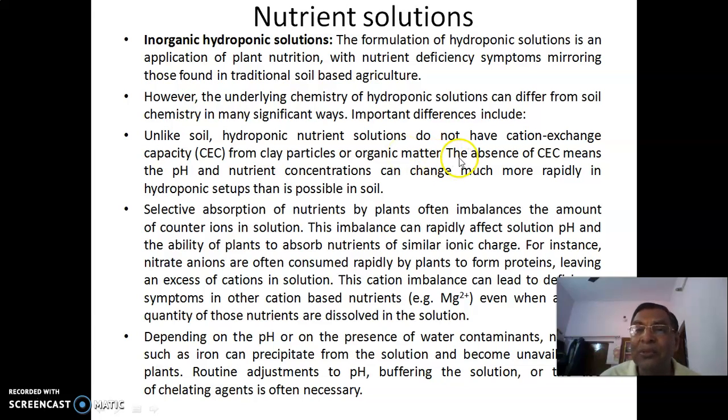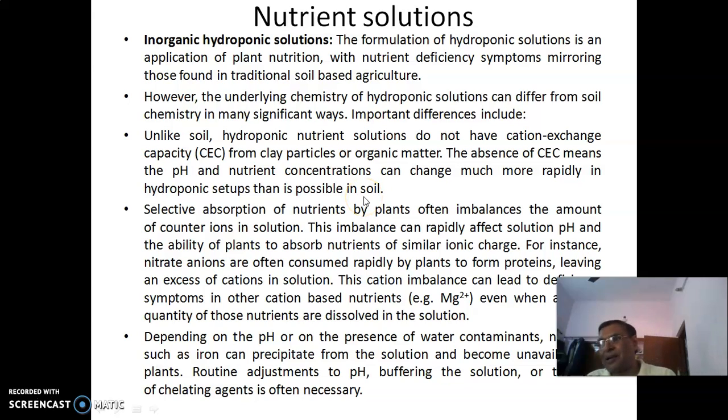So the absence of CEC, that means cation exchange, means the pH and nutrient concentrations can change much more rapidly. The pH of the solution and nutrient concentrations in the solution can change much more rapidly in hydroponic setups than is possible in soil.